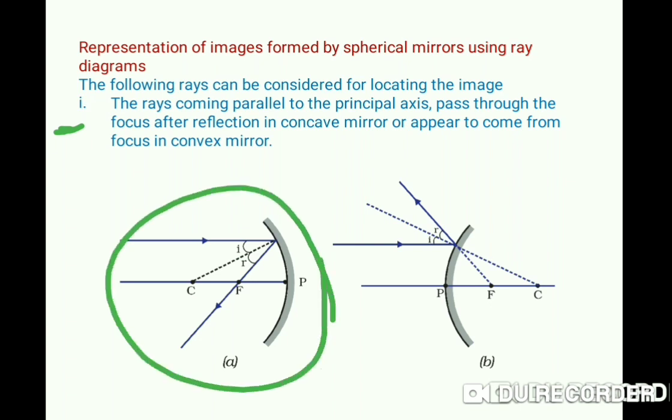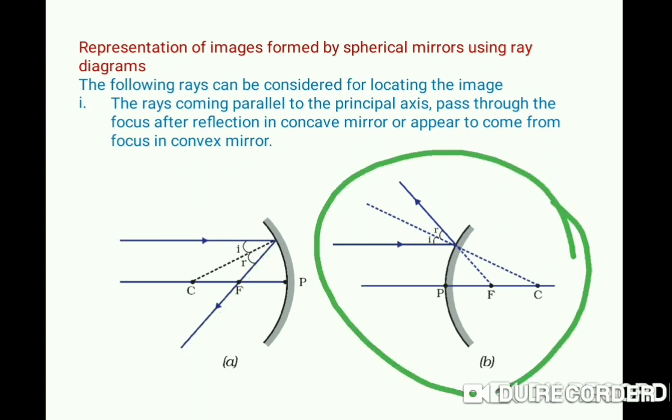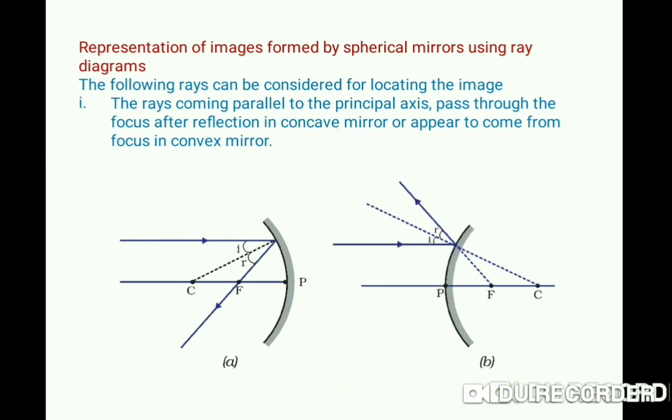See the diagram in the concave mirror. When rays come parallel to the principal axis and strike the surface, after reflection they go through the focus. In the convex mirror, when a ray comes incident parallel to the principal axis, after reflection it appears that it comes from the focus.